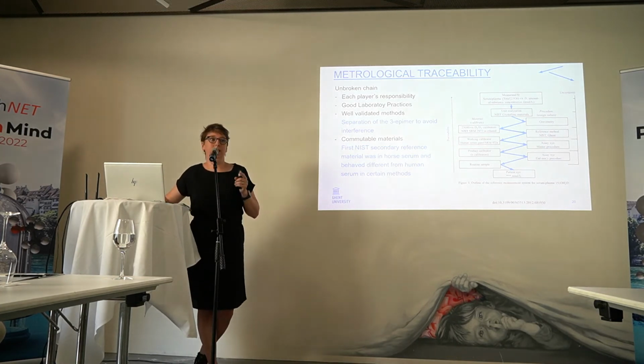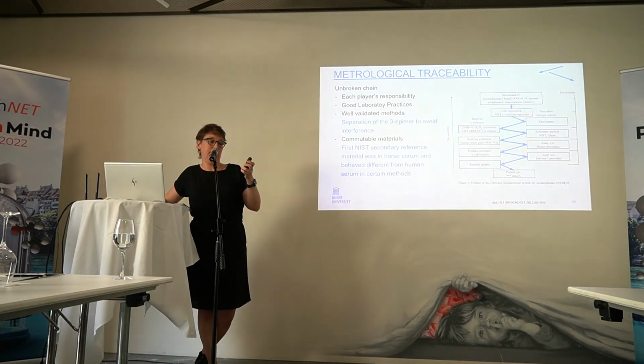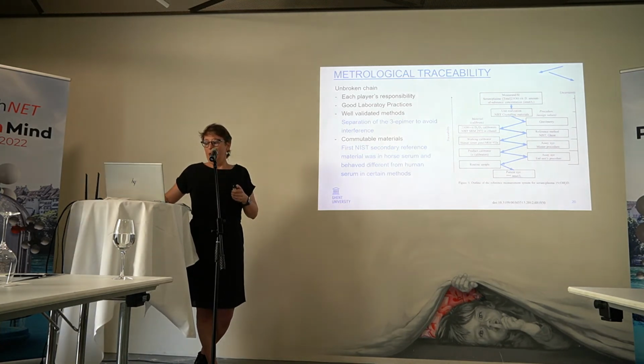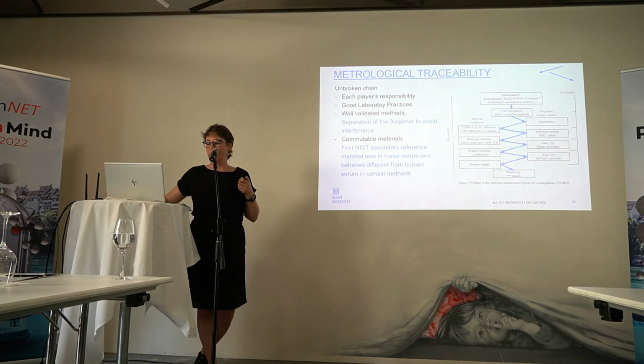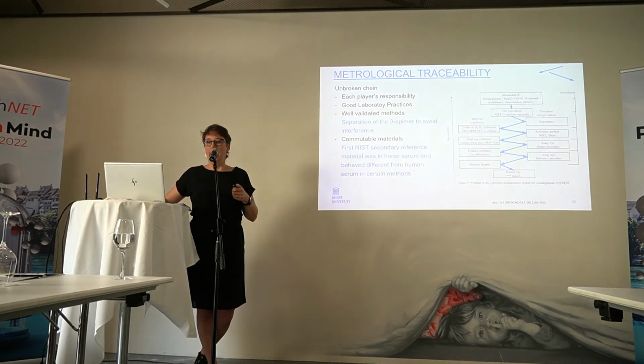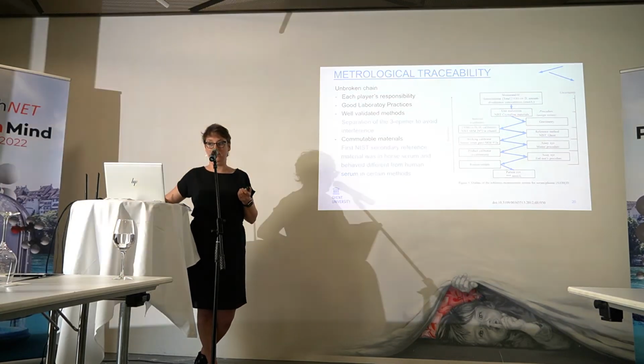And then we also need commutable materials. For example, NIST, the first reference material in matrix that they developed, which we use at a lower level, was actually afterwards discovered as not being suited. It was based on horse serum, and it behaved differently than a native patient sample in many methods, even in mass spectrometry methods.